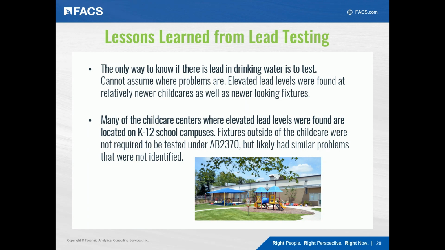This is also because of the reduced number of fixtures that need to be tested, and the difference in remediation trigger level. It just highlights the importance of schools being very proactive about assessing for lead in drinking water, because that K-12 testing program was very limited.